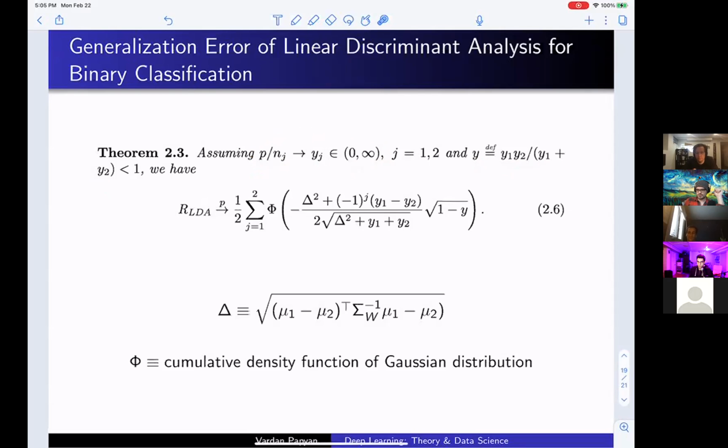So for example, if you assume that the number of examples is equal in both classes, what would this value be equal to? If the number of examples is equal in both classes. Half.